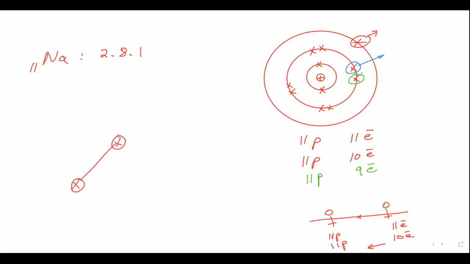And this means that these 9 electrons left are pulled by the protons more than the 11 protons pulling 10 electrons. So the third energy to remove the third electron should be higher than the first, should be higher than the second, but not too much higher. There was no jump because both of them are present in the same shell.